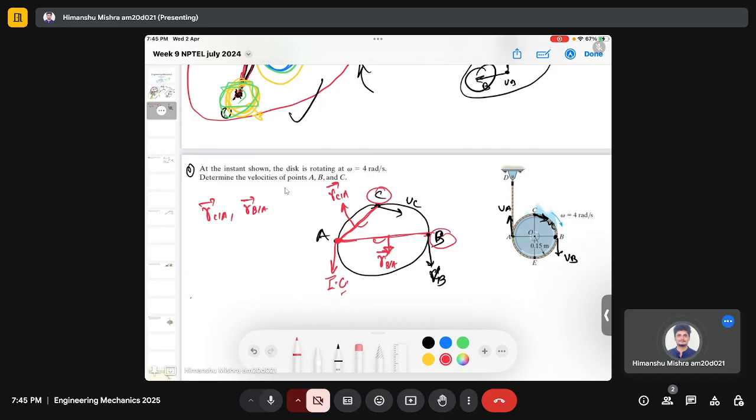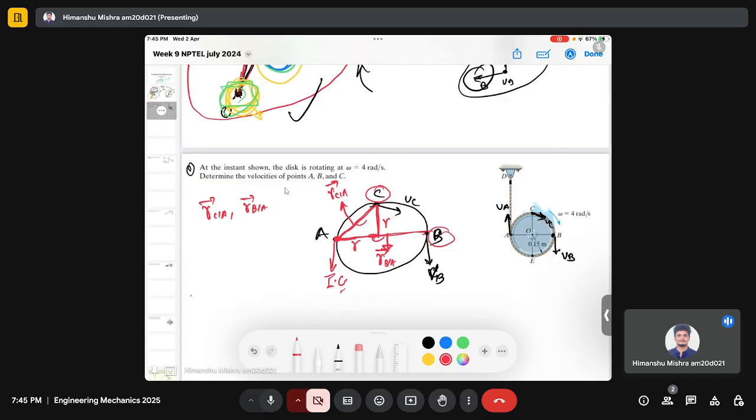Right, so this is my radius R, this is my radius R. So this can be determined by Pythagoras theorem, because I already know this R and this R. I already know this side and this side, so I can determine this also.